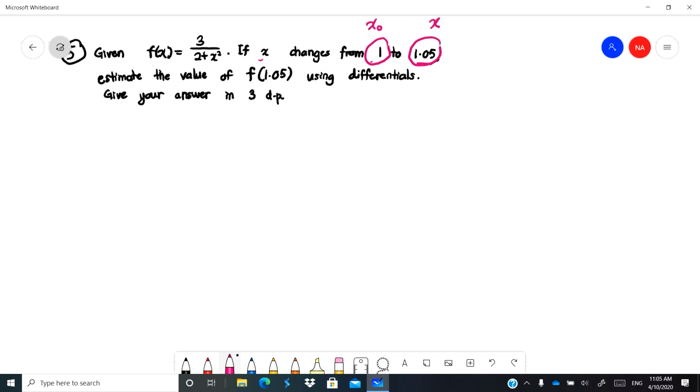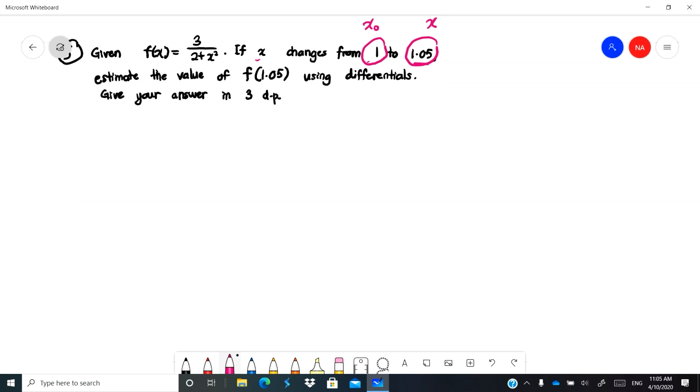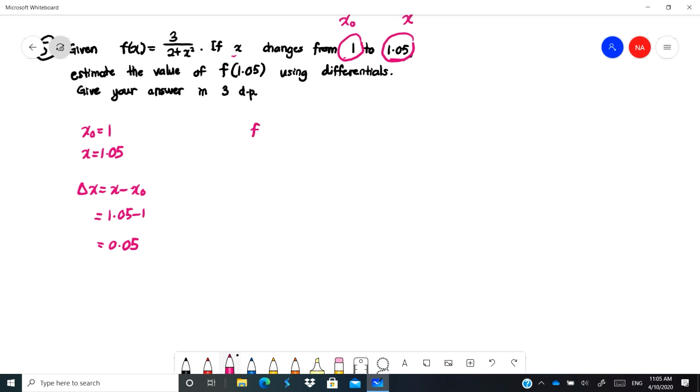Please take note that it changes from x naught to x. So x naught is 1 and x is 1.05, so delta x is x minus x naught, which is 1.05 minus 1, so we get 0.05.